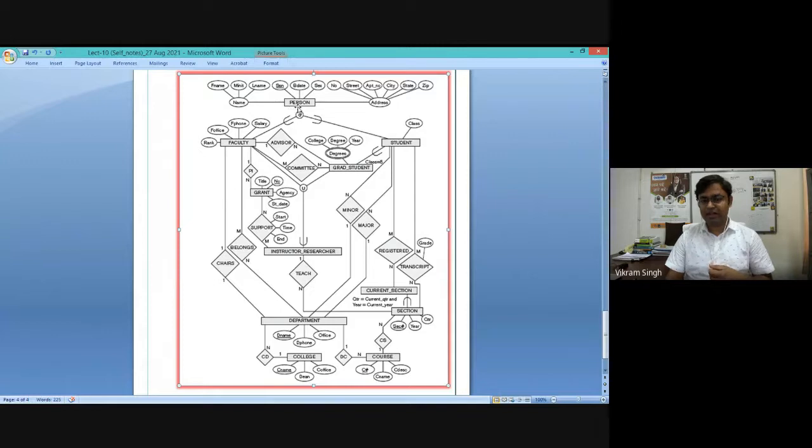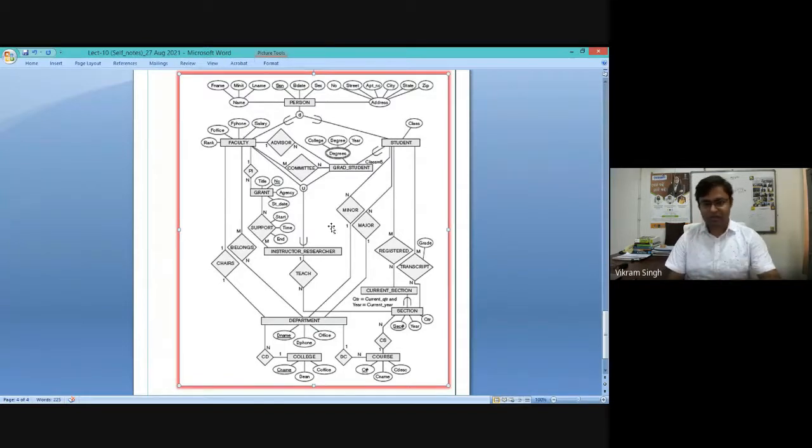So maybe initially the person entity is directly in a relationship with department, but because we have performed specialization of the person entity into faculty and student, you have to position the relationship of the faculty entity with department and all the other entities in the ER diagram.